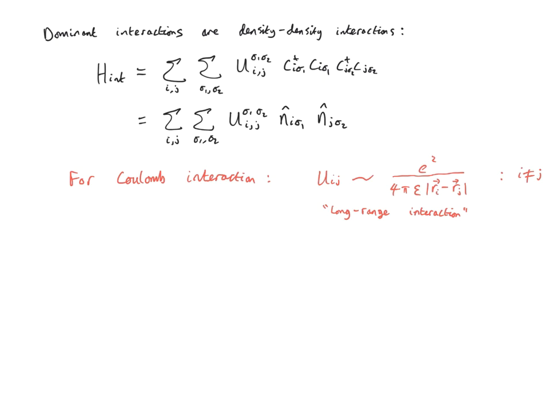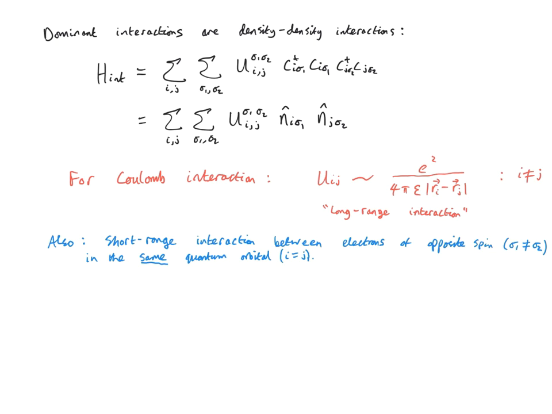And this is not accounted for in this equation that I've written down, and so there's a short-range piece that we can also include. And this local interaction is actually the dominant term that we have to consider most of the time, and this is called the Hubbard interaction. And this is short range.